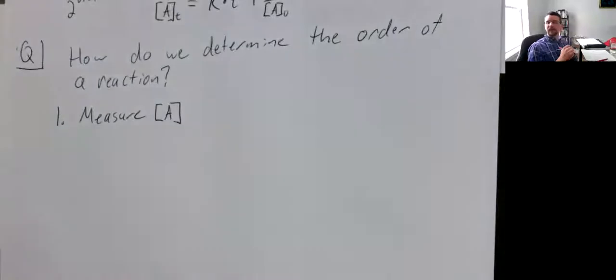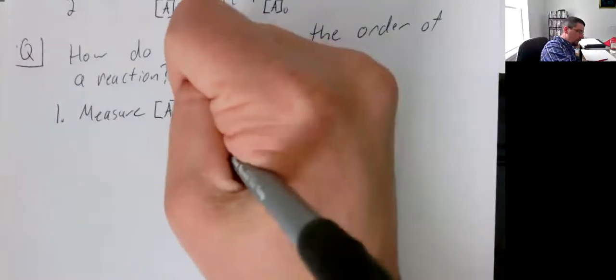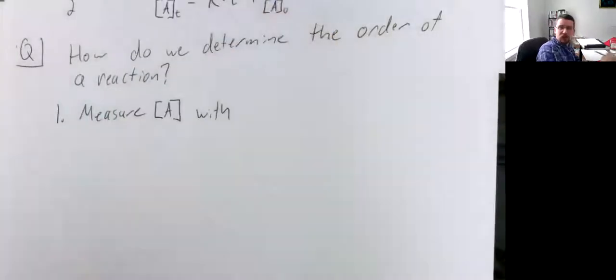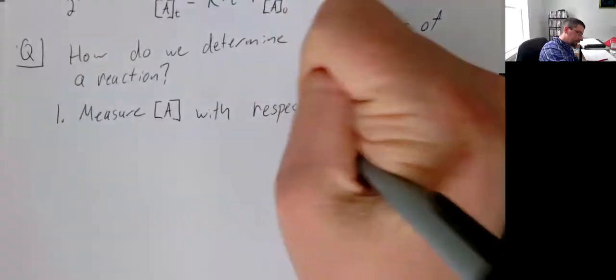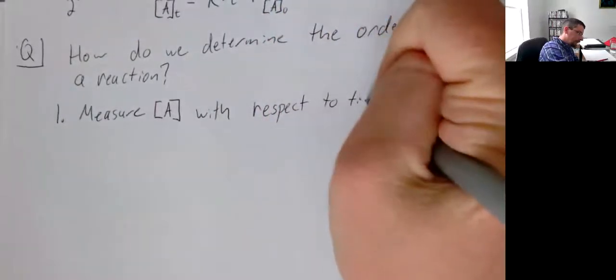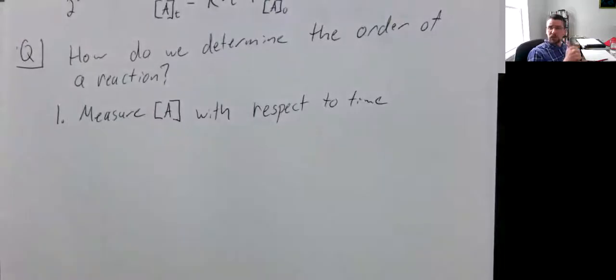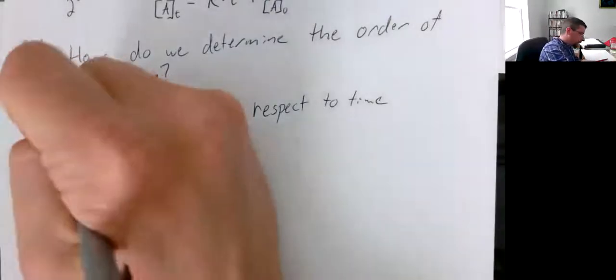In some cases, this could be done through Beer's law. You're measuring the absorbance and you can relate it to concentration. There are other methods to do this. And then you want to measure what happens to this concentration with respect to time. So you're keeping track of the concentration and you're keeping track of time.